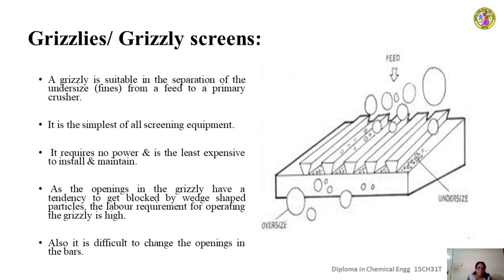The openings in the given screen may get blocked by wedge-shaped particles, that is, particles having elongated length. In that case, labor requirement will be more in order to carry out the screening operation. Once the spacing is fixed for the given screen, it cannot be changed. That is another drawback of this type of screening equipment.